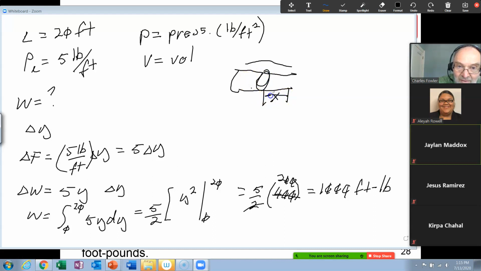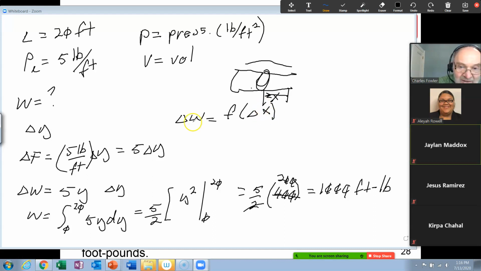It's increasing X going in this direction. So as you're increasing that, the delta W, the work done, is force times the incremental distance, dx.